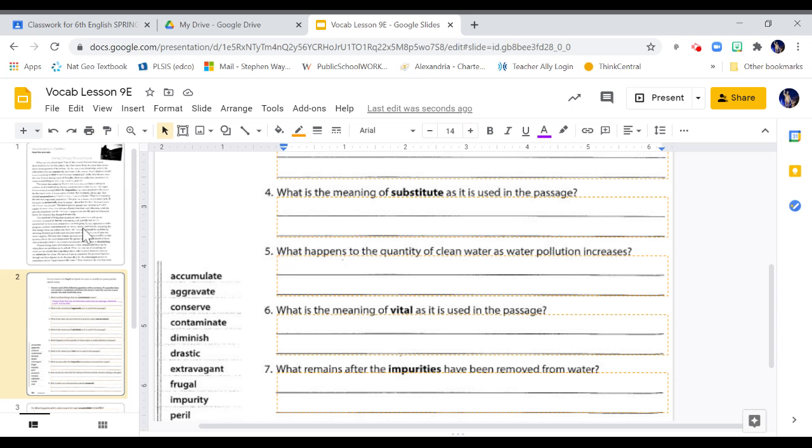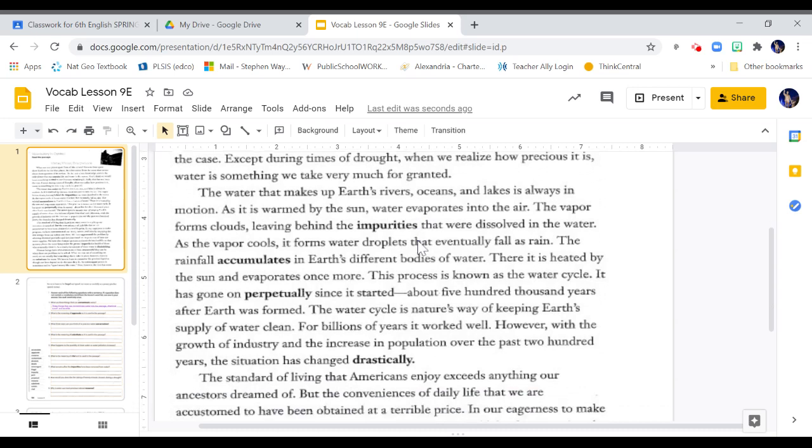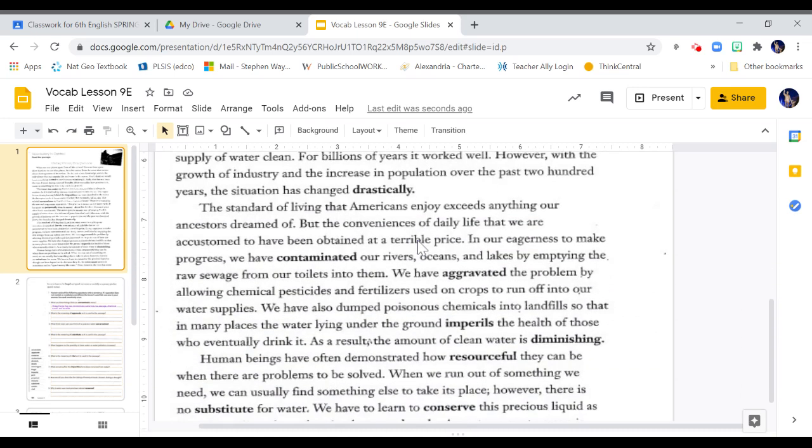So I know that it becomes less. And another word that means becomes less is diminish. So I'm going to look in here for the word diminishes or diminishing, and then see what comes before that. So, it's talking about the chemicals and things like that.